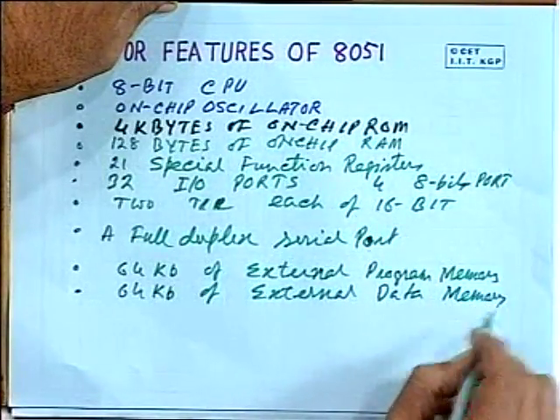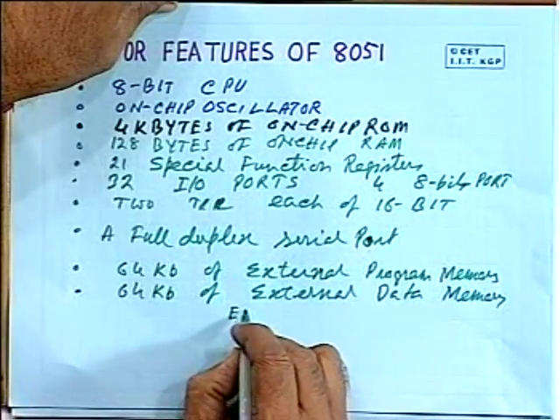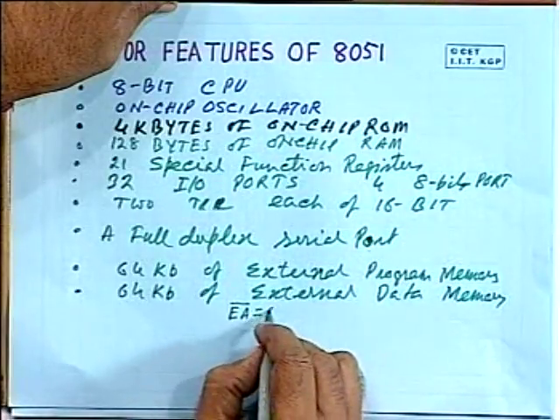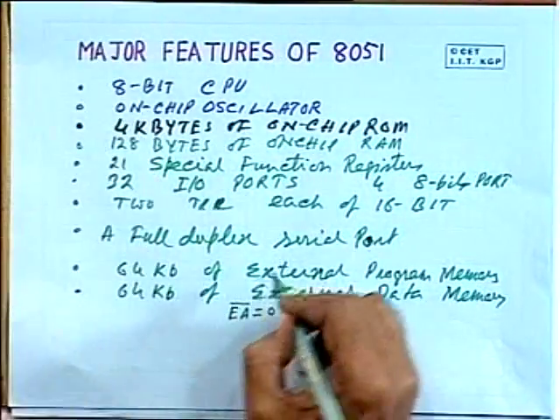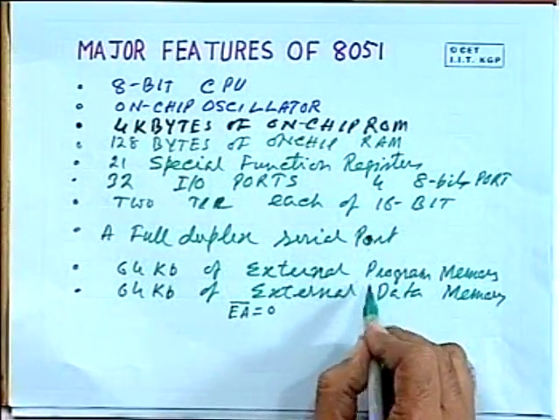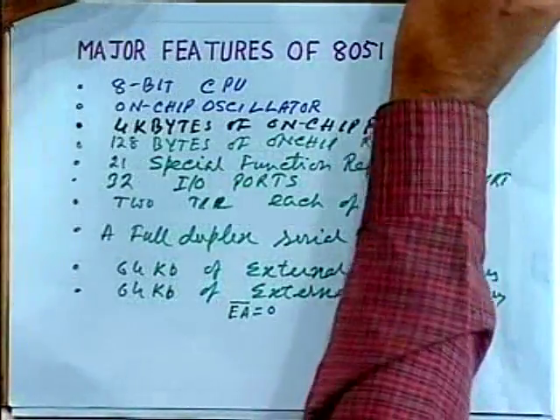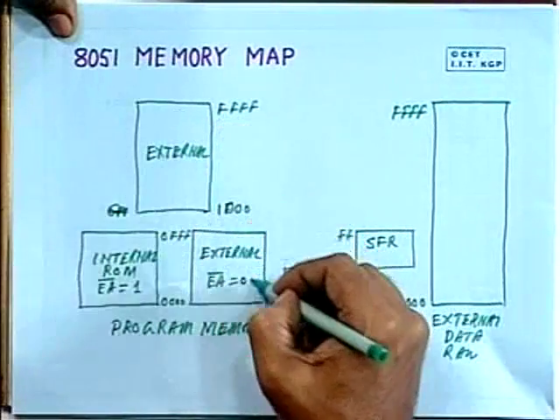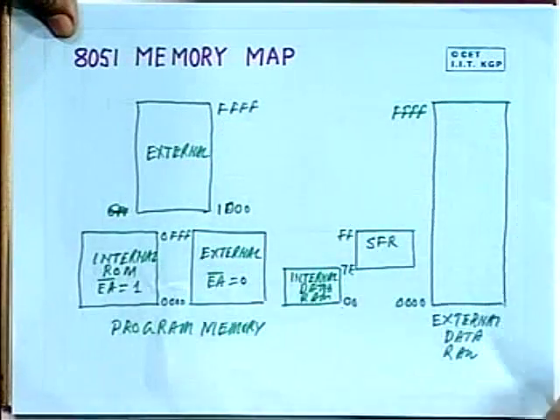And we have seen this can be made available with the help of the external address pin. If this pin is connected to ground, that means if this bit is low, then you can have external program memory and data memory, and we have already seen the corresponding memory map. You can have external program memory and external data memory.